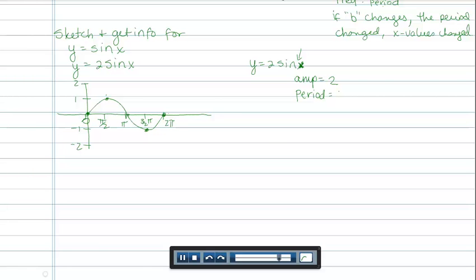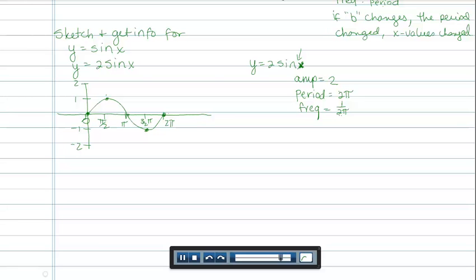What's the period of sine x? The period is 2 pi. We established that at the top of this page. And so what is the frequency? Frequency is 1 over the period, or 1 over 2 pi. This means that we get one full wave in a span of 2 pi.